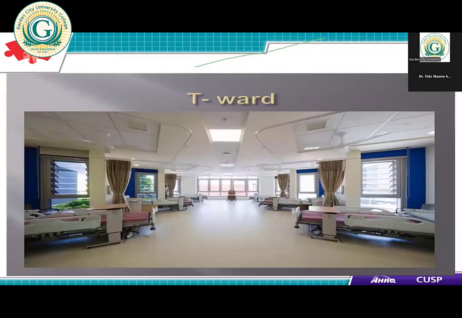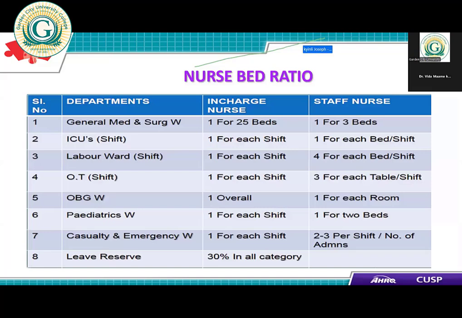And the nurse bed ratio. When you go to the Department of General Medicine and Surgical wards, ideally the in-charge nurse has 1 to 25 beds, and the staff nurse has 1 for 3 beds. So 1 staff nurse can take 3 beds, but the whole ward can take about 25 beds.